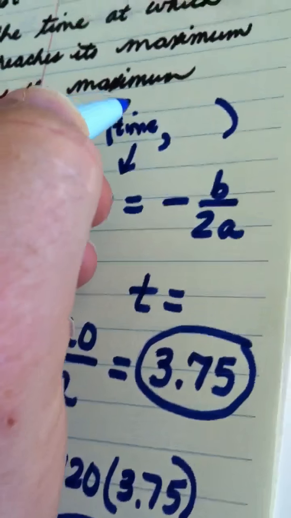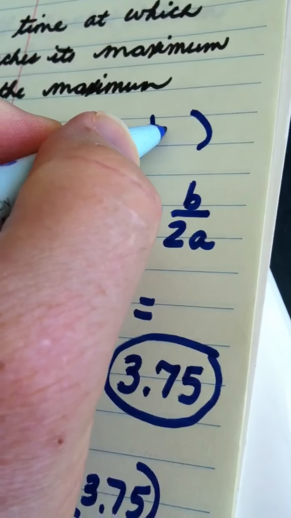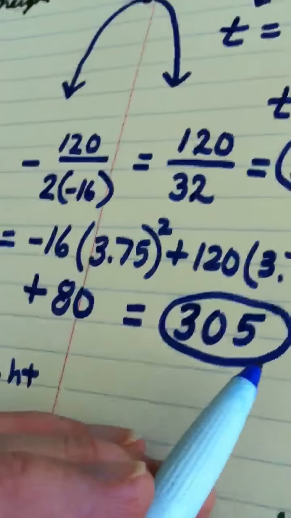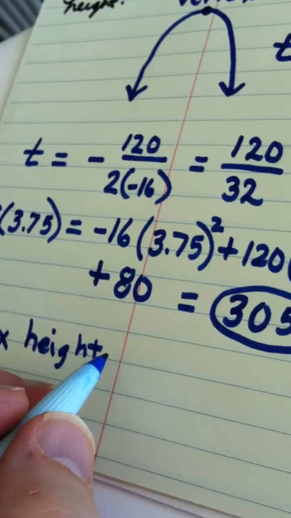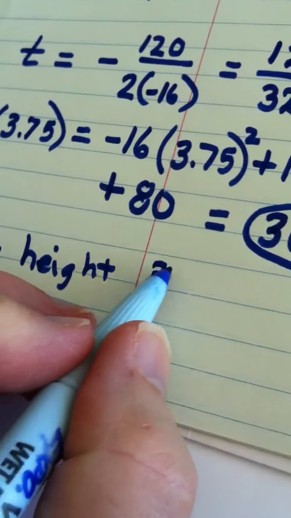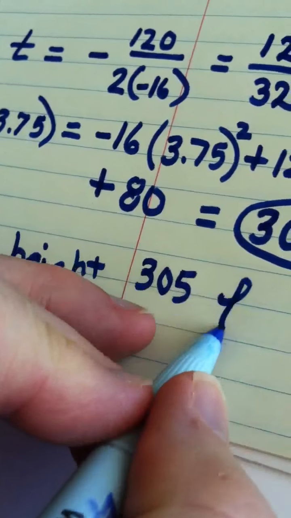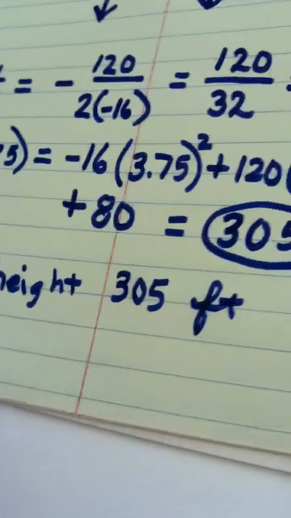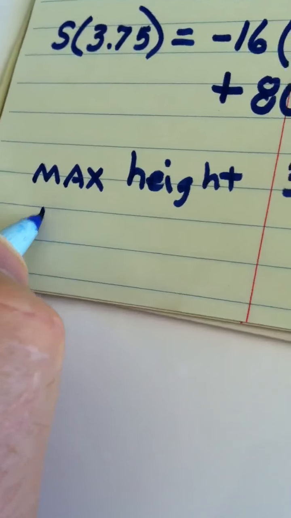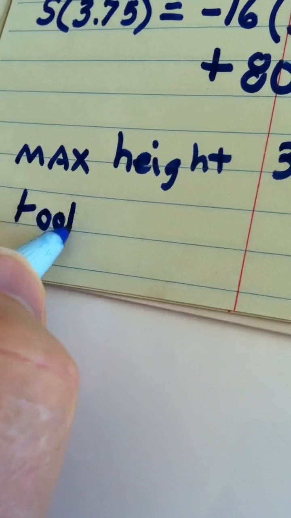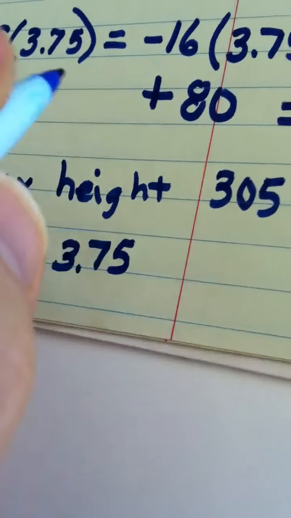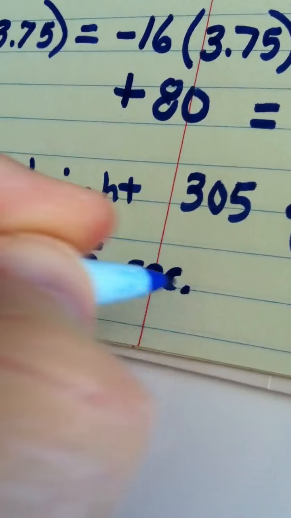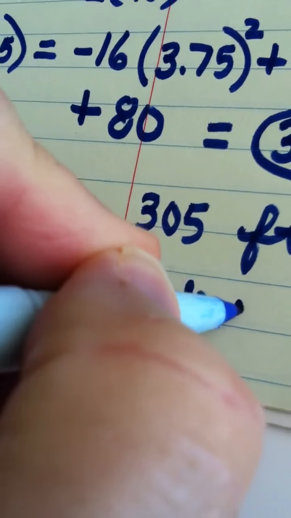Output is height above the ground. So the maximum height, the maximum y value, is 305 feet, and it took 3.75 seconds to reach it.